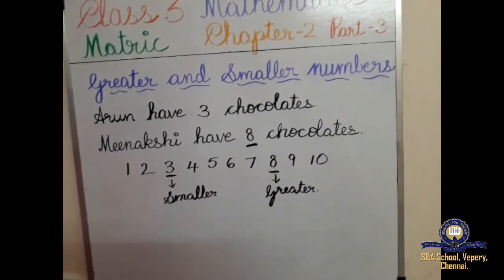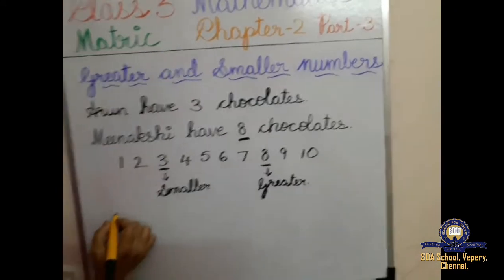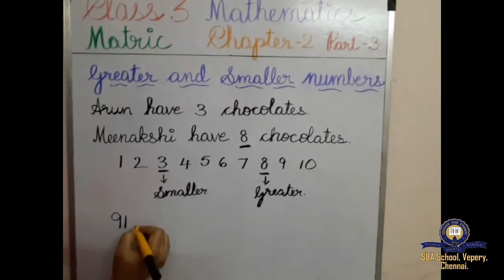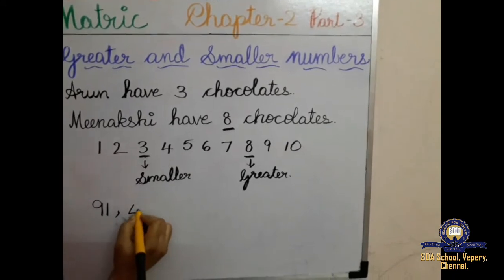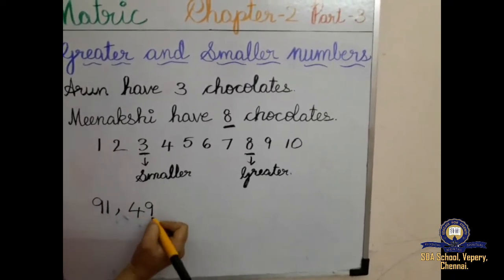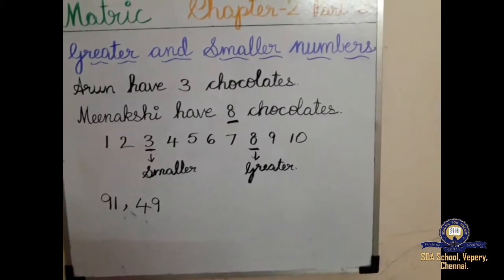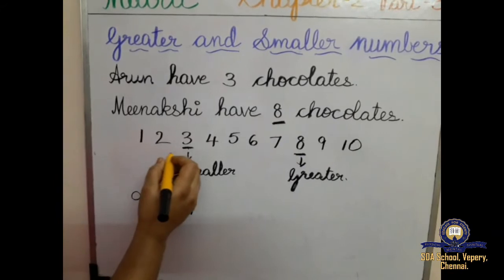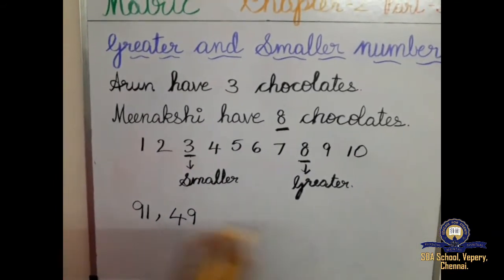But if it is a double digit number, for example 91 and 49, what is the greater number? We cannot count the numbers like this and tell which is smaller and which is greater.